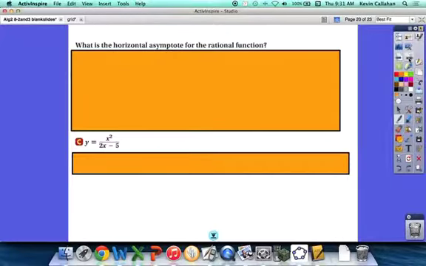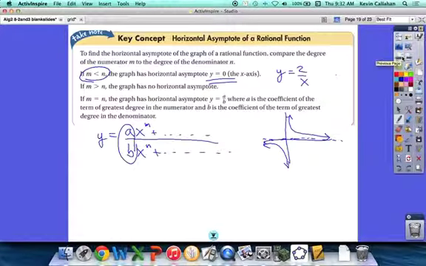So here are the examples of it. Starting with this, y equals x squared over 2x minus 5. Which has the higher power, numerator or denominator? The numerator. So by the rules, it has a higher power.